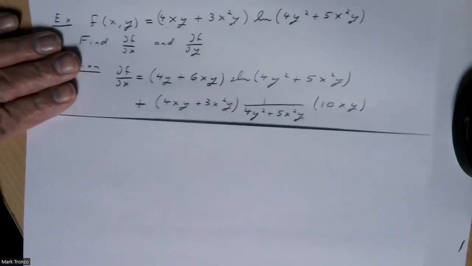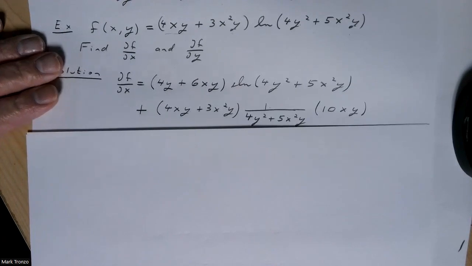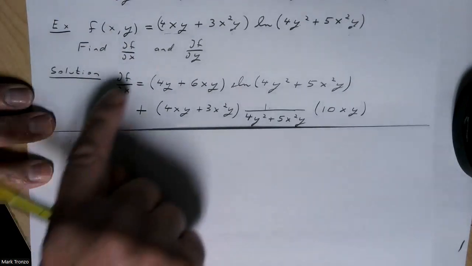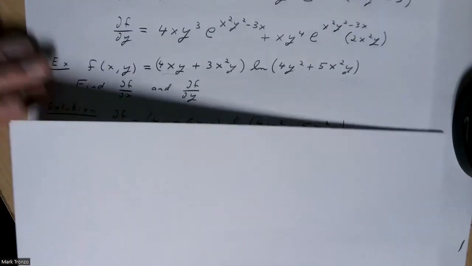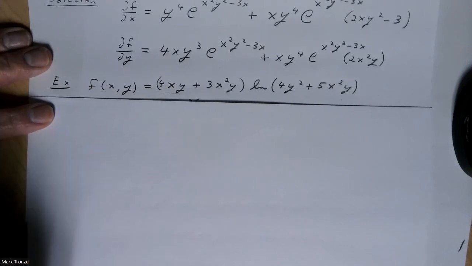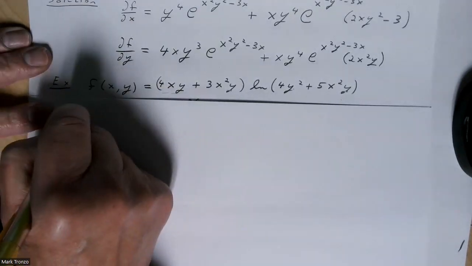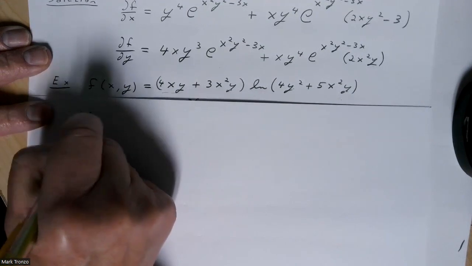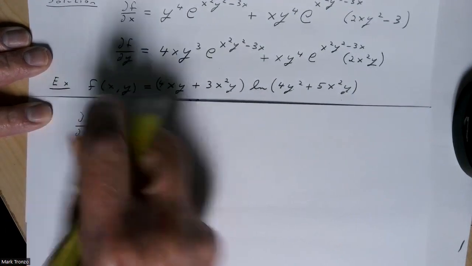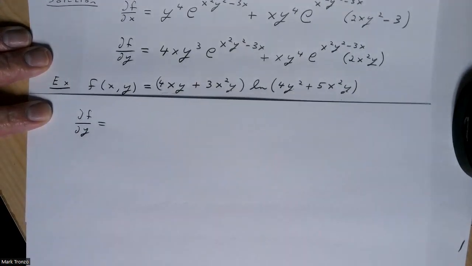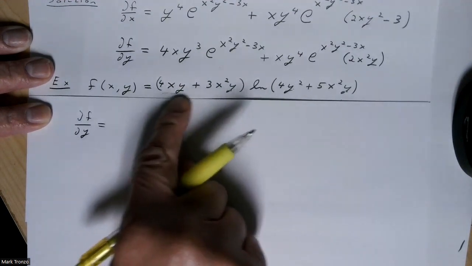Let's do the next one here. I'm going to do df dy. In fact, let me move this up a little bit so we can see this. So df dy, derivative of this with respect to y now.